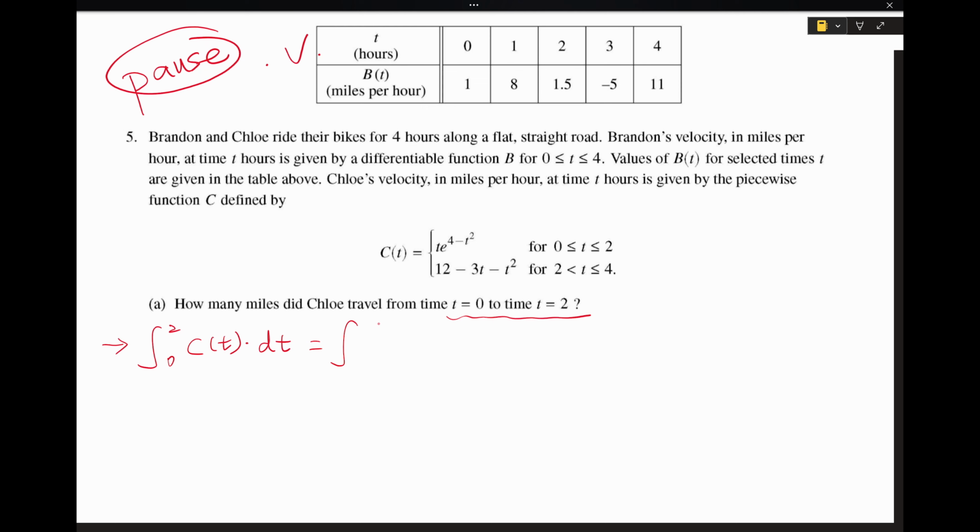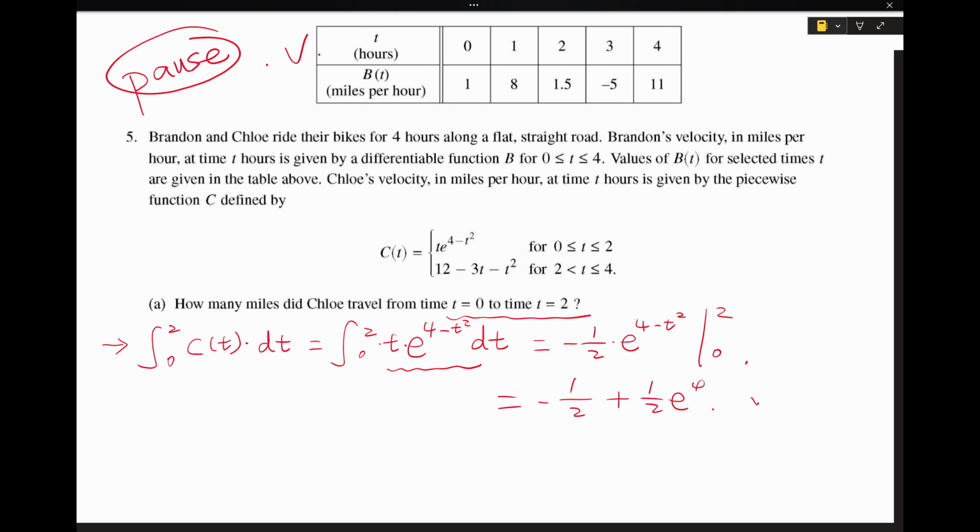The next thing we're going to do is find the antiderivative of this part, which corresponds to this one. Then by plugging in the numbers, we have the final result to be this one.